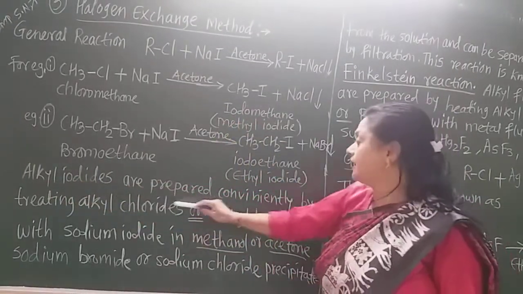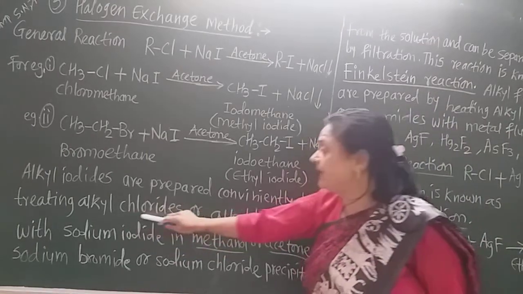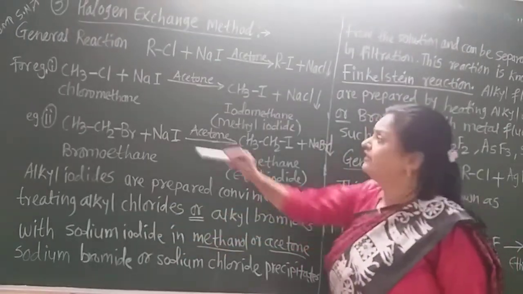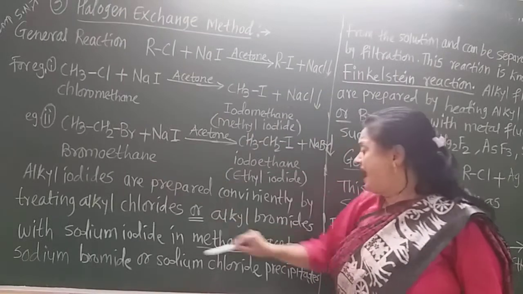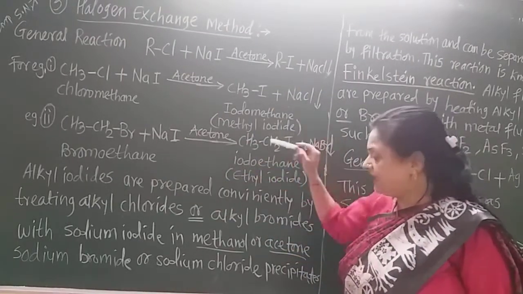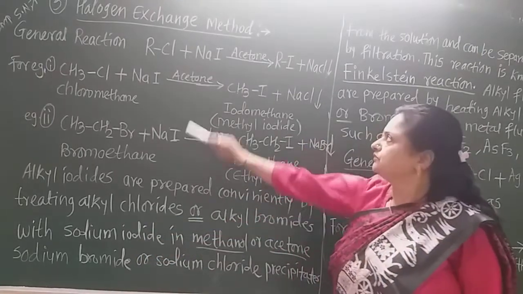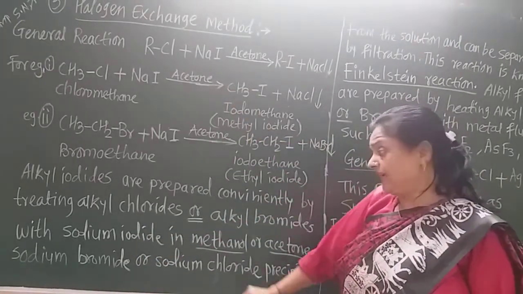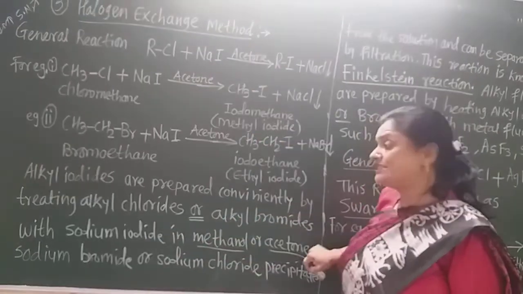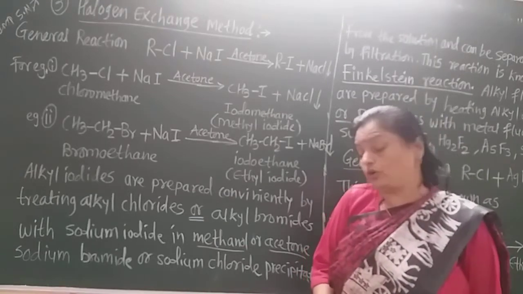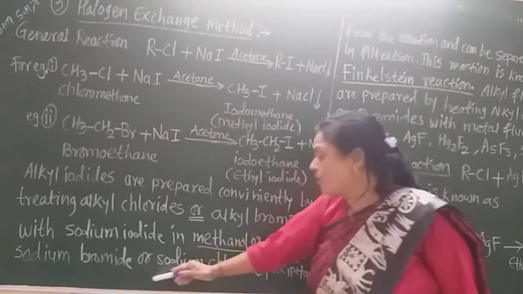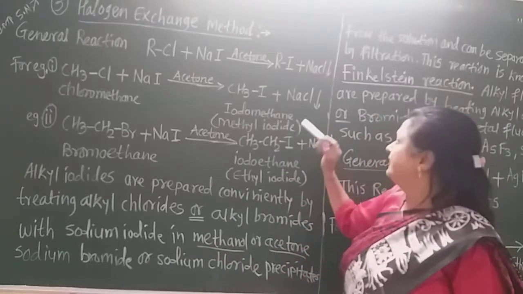Alkyl iodides are prepared conveniently by treating alkyl chlorides or alkyl bromides, and it prepares the alkyl iodide in the presence of the second reagent, sodium iodide, NaI, in methanol or acetone as a solvent. You can write down as a solvent, and sodium bromide or sodium chloride are precipitated.